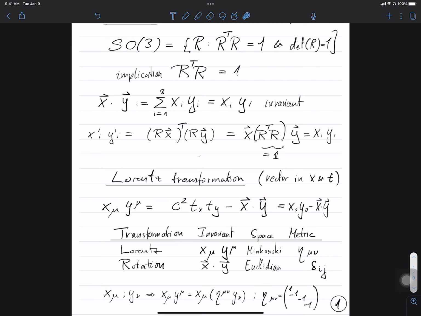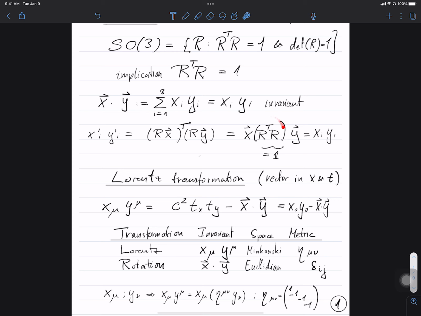Then we apply the transpose to this vector, and you know how to apply transpose to a composite multiplication of matrices. You reverse the order, and then you get the R transpose on the other side of the vector, and then you have R transpose times R that gives you 1 by the orthogonality definition of the matrix.